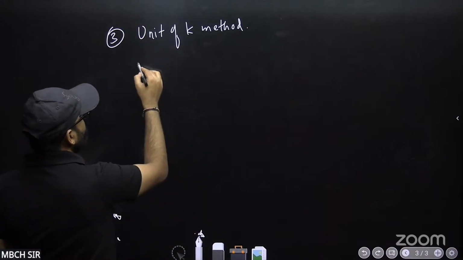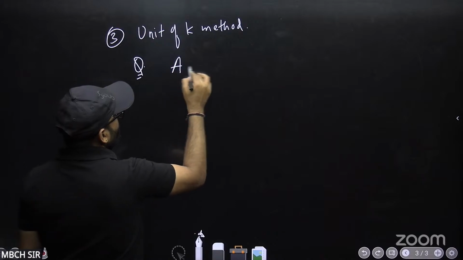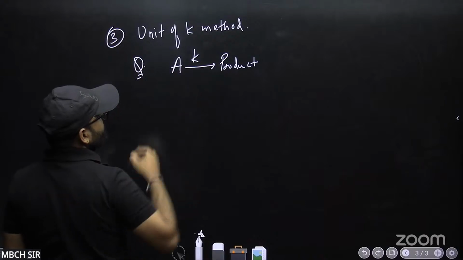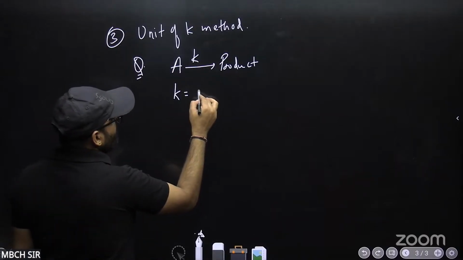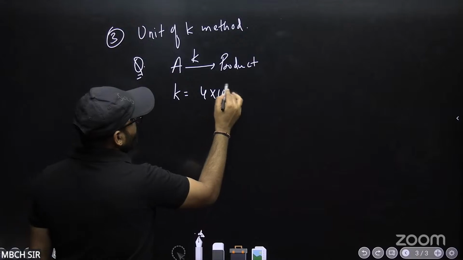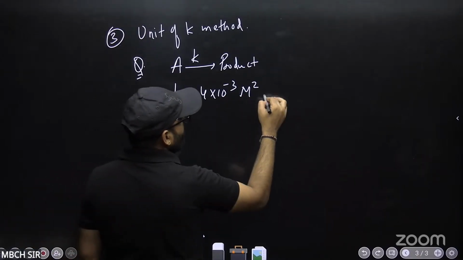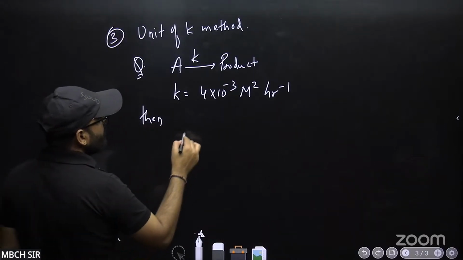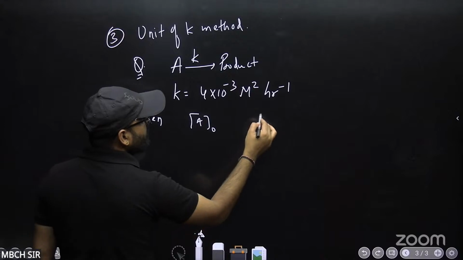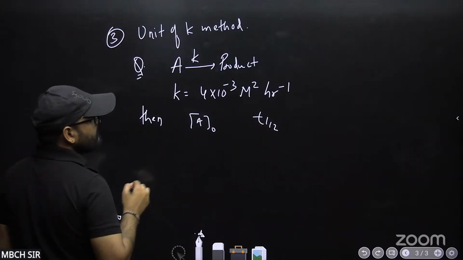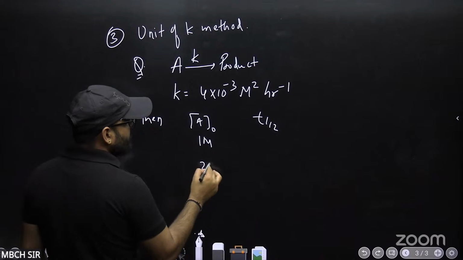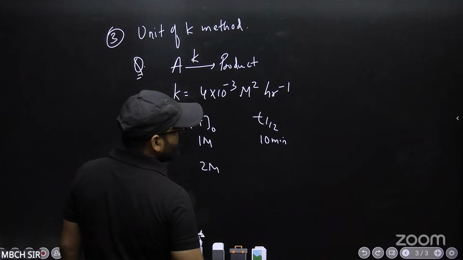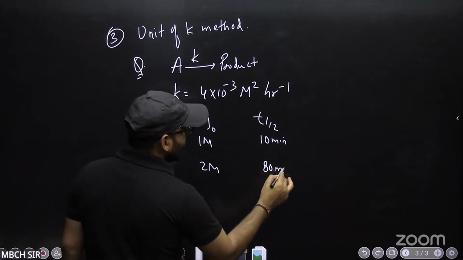Let's do one question here. If for this reaction A converting into product, let's say K equals 4 into 10 to the minus 3 molar square per minute inverse. Then A naught is 1 molar and 2 molar, and T half is, let's say, 10 minutes and this is 80 minutes.